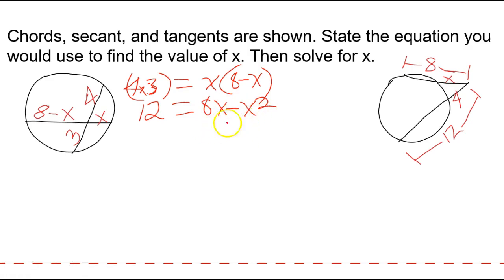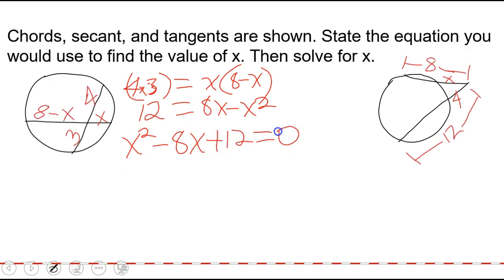So to solve for x, we're going to solve it like a quadratic. Make everything be on one side. Since x squared is negative here, we want to add it to the other side so it becomes positive. So it's going to be x squared, subtract 8x, and then keep 12 on that side. It's going to equal 0. Okay? Are you there?